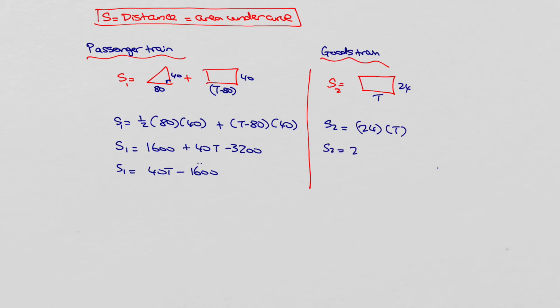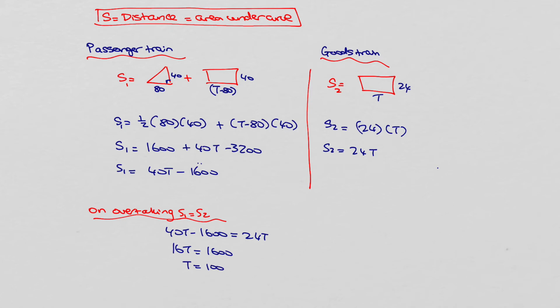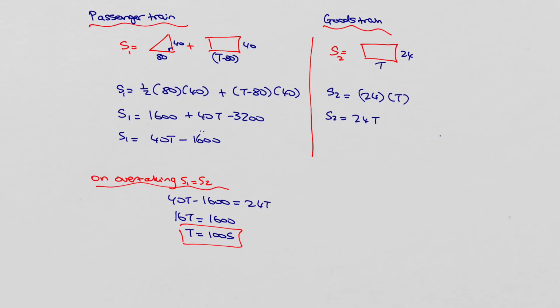In other words, just 24t. So on overtaking, these distances must be equal. So we equate 40t minus 1600 is equal to 24t, and therefore we have 16t equals 1600, and therefore the time for them to overtake is 100 seconds. So in other words, overtaking occurs after 100 seconds.